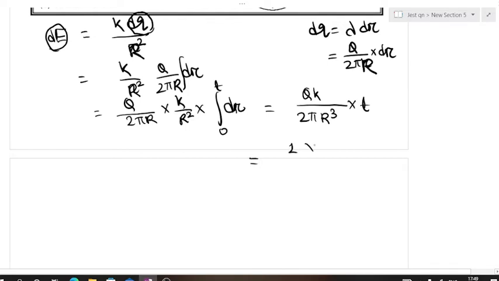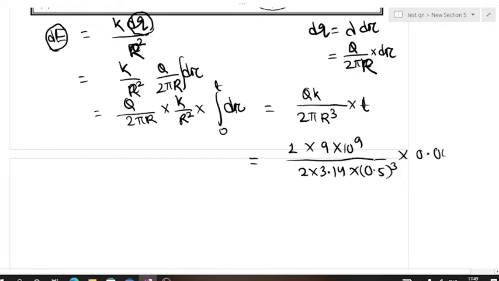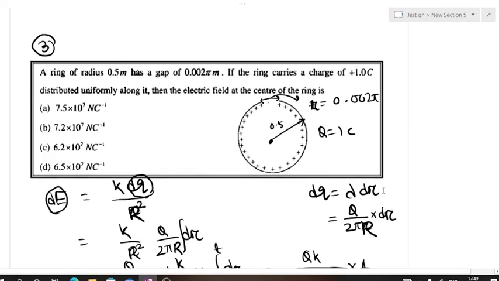Q is 1 coulomb, k is 9 into 10 power 9, divided by 2 into 3.14, and r cube, r is 0.5 whole cube, into t, the thickness, is 0.002. By solving all this, we will get the answer 7.2 into 10 power 7 newton per coulomb. Okay, this is option B.